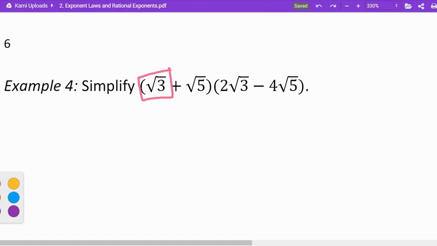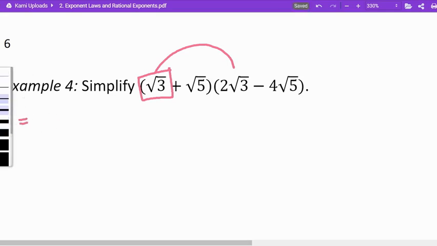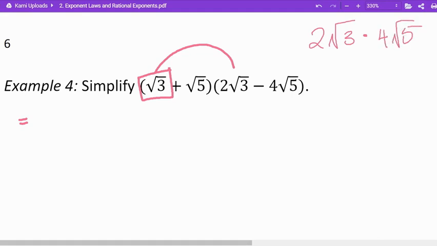All right, we're going to start with root 3, and it has to multiply this one. So when I am multiplying radicals, if I have 2 root 3 times 4 root 5, the coefficient multiplies the coefficient.